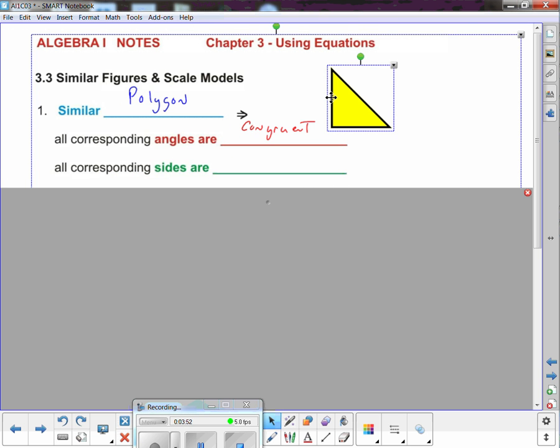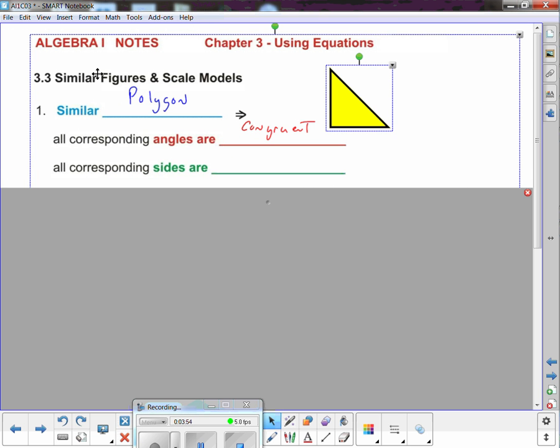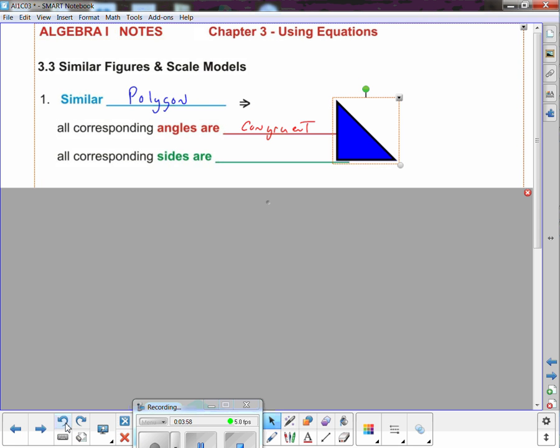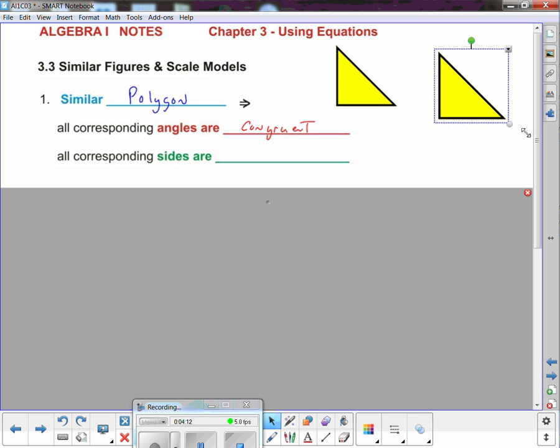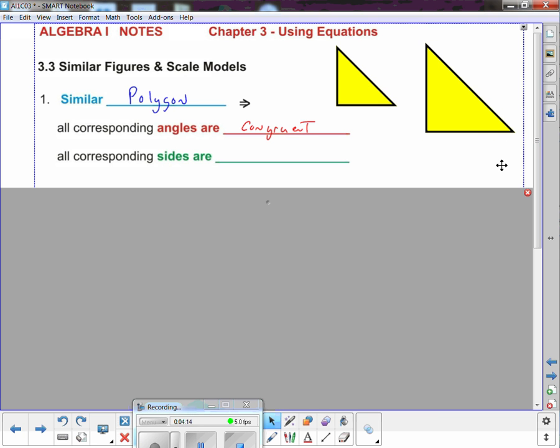We're going to put it inside there. Okay, so there's an illustration of similar triangles.